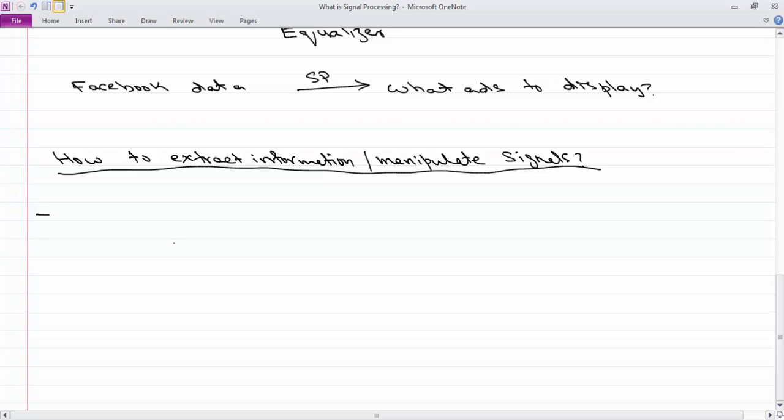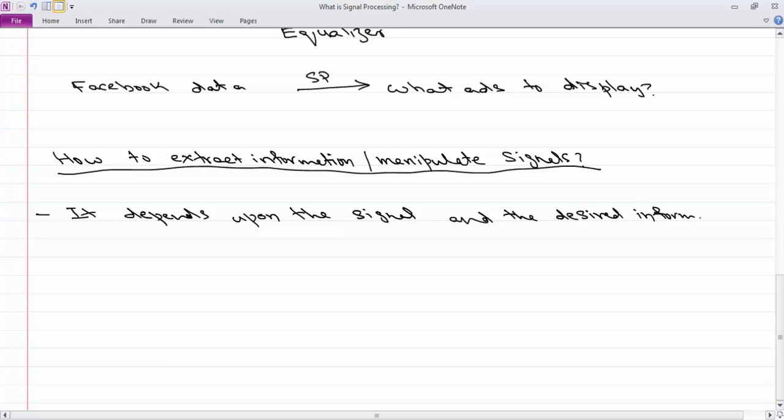We looked at different examples: voice, Facebook data, seismic activity. What you do with the data depends upon the signal and the desired information that we are interested in. So really, the how-to question depends upon the signal and the desired information or effect.